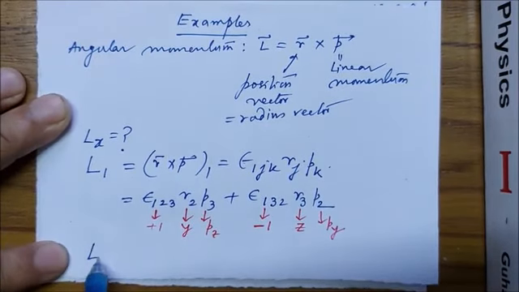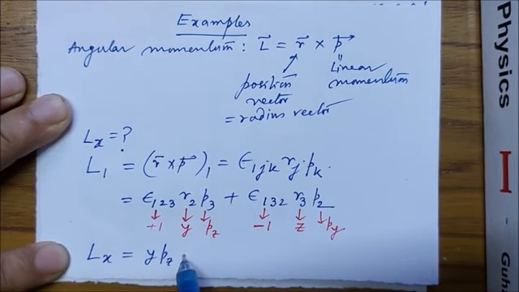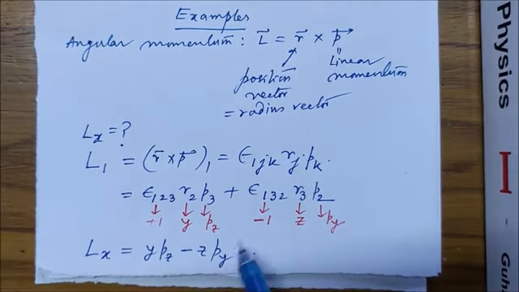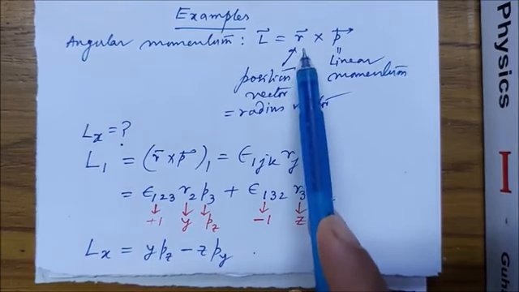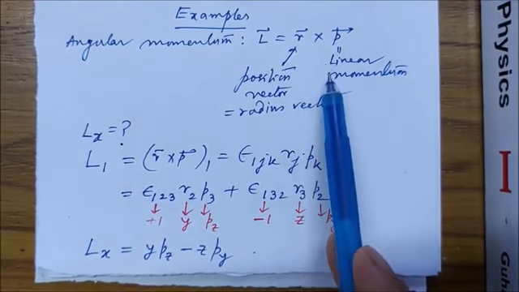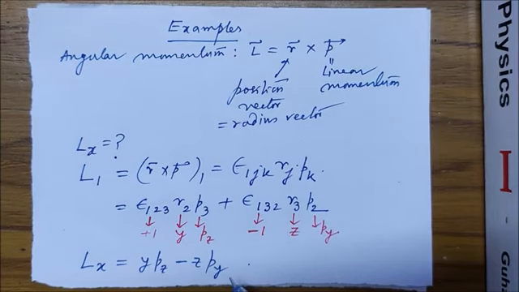So Lx is y pz minus z py, and this can be checked from a determinantal expression of this cross product also, as we had shown in the previous problem.